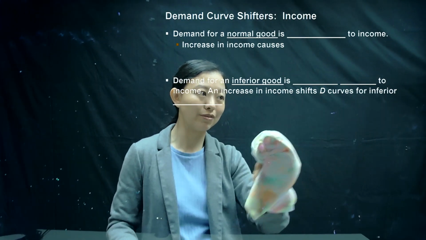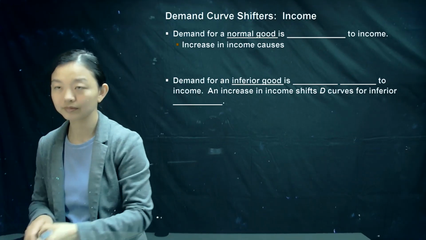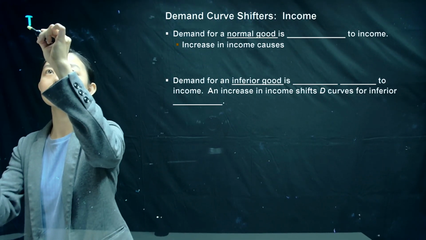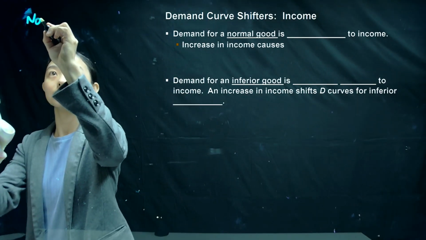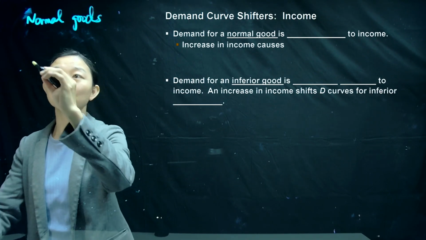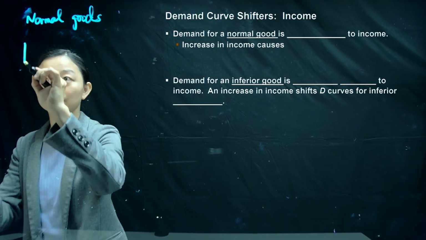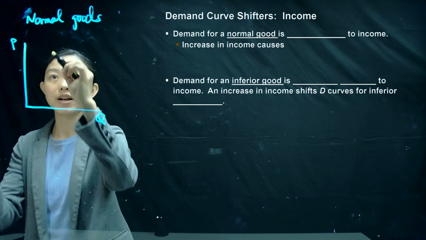Let me draw a graph for you. If I treat this as normal goods, this is the demand and this is the price.